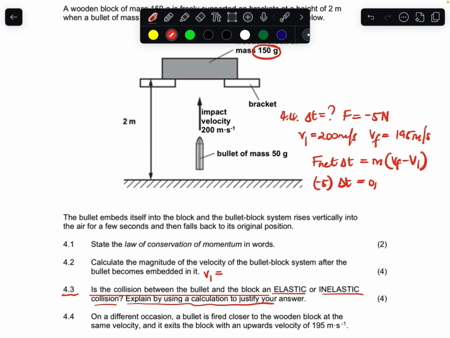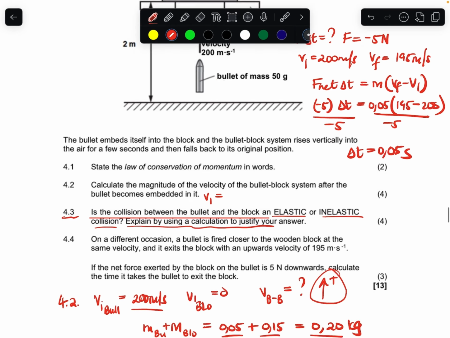The mass of the bullet is 0.05, the final velocity is 195, and the initial is 200. If we divide by -5 on both sides, the time will be 0.05 seconds. That's the contact time, the time it takes for the bullet to emerge out of the block.